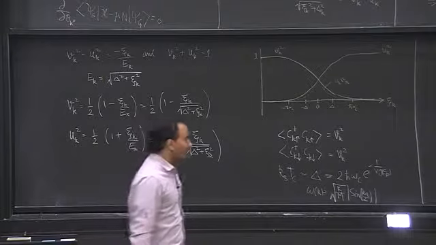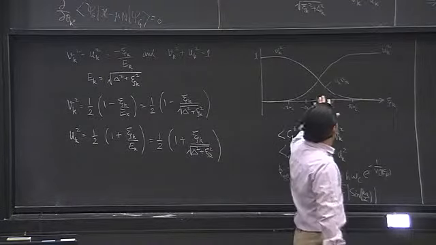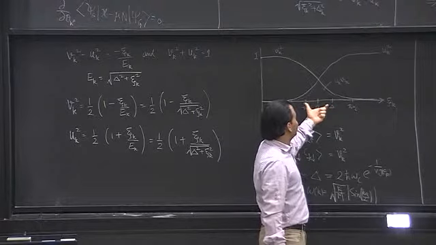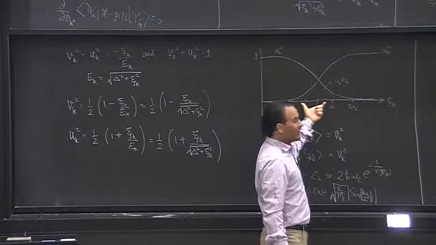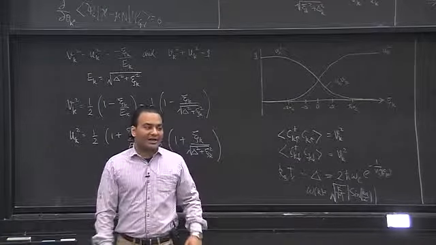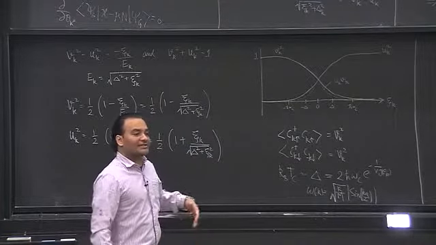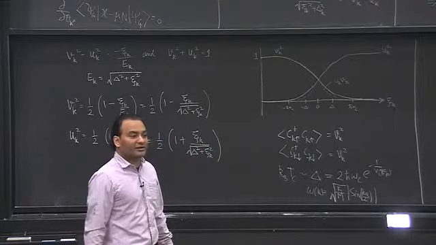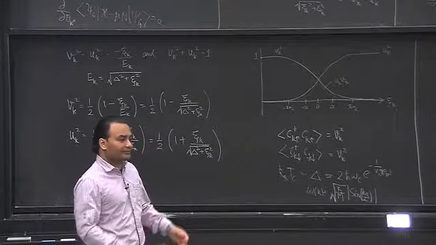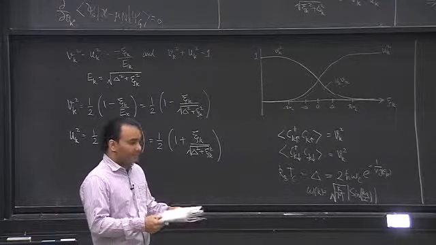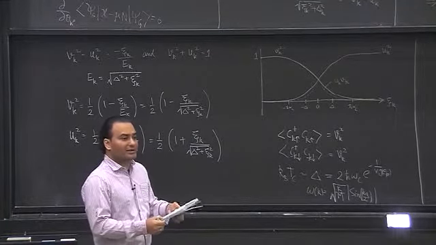But the key thing to remember here is that this is a quantity that is only finite over the energy scale delta, and it quickly vanishes. It's not something that is at the energy scale of the attractive interaction of the phonons. Any questions?